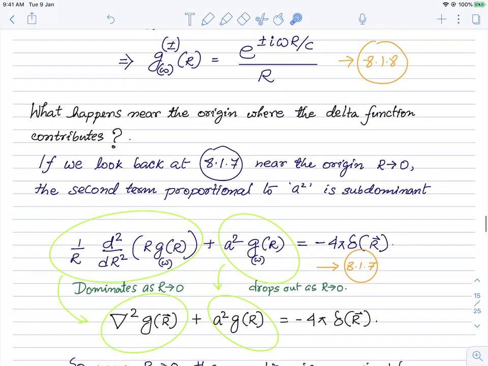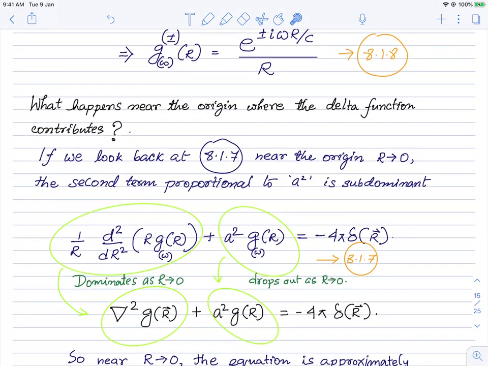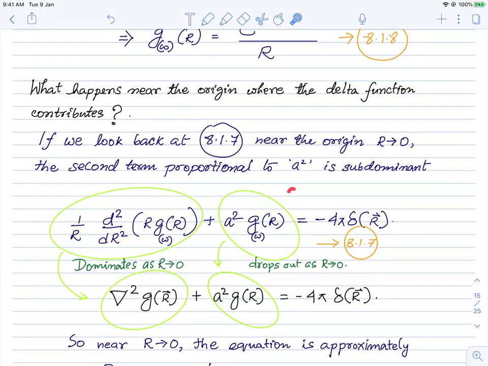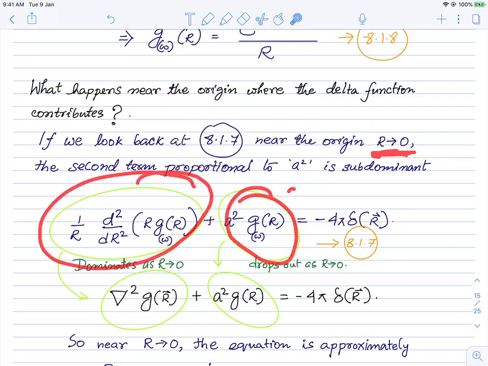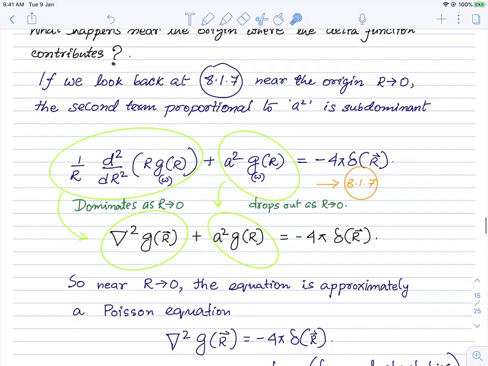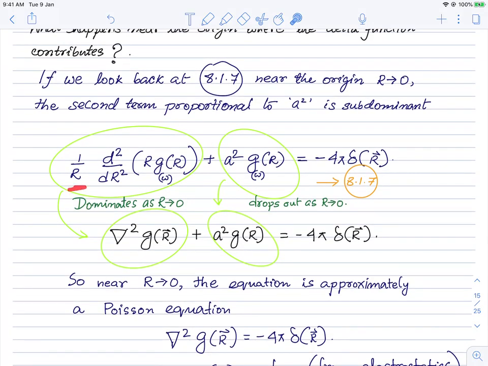Near the origin, where r tends to 0, this term will dominate over this term, because there is a 1 over r in this term.